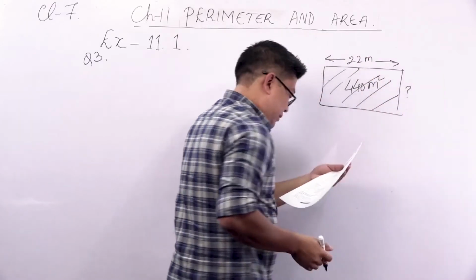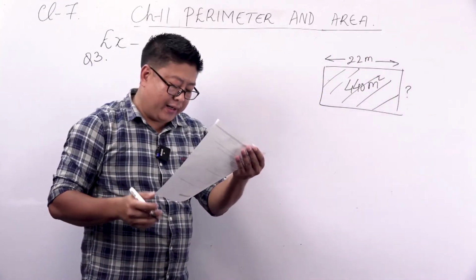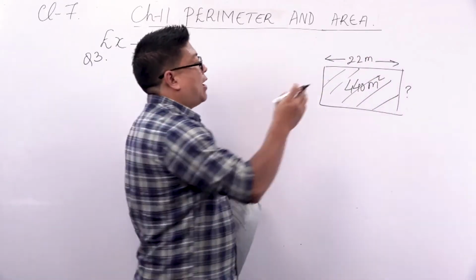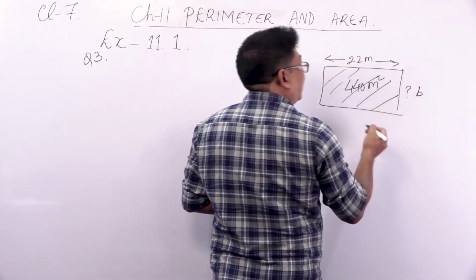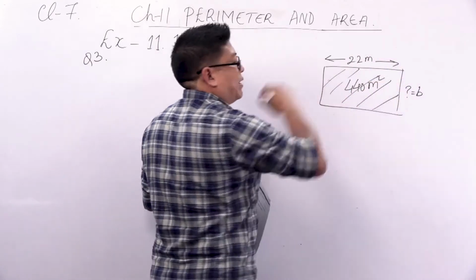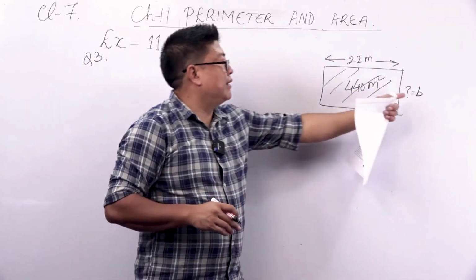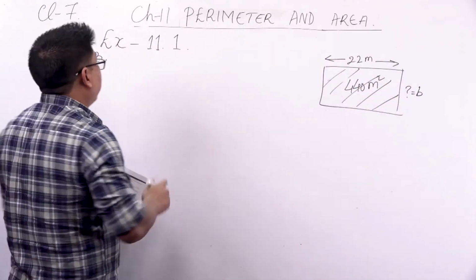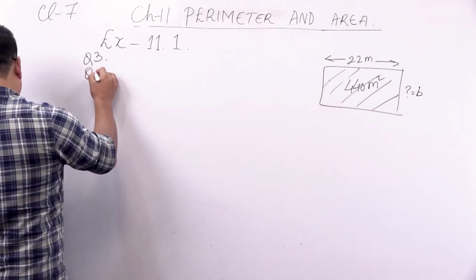We don't know the breadth. Also find its perimeter. So we are asked to find the breadth and the perimeter. First we will find the breadth, then we'll find the perimeter. Okay, children? So let's begin.